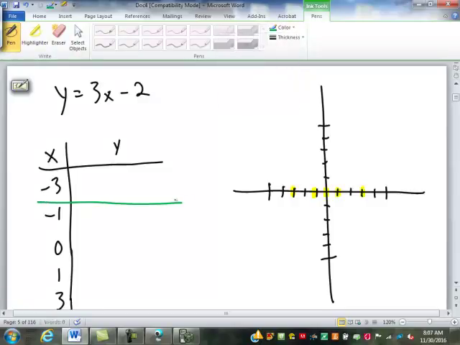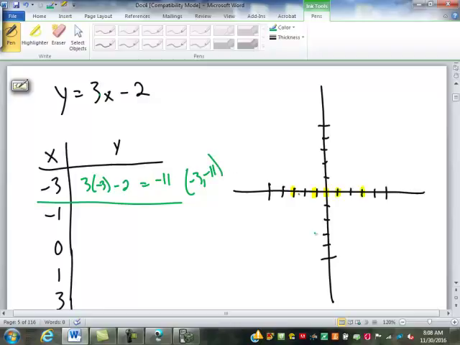So if x is -3, y is 3 times x, or 3 times -3, minus 2. That comes up to -11. I'm going to trust that you guys can do the order of operations to get that value once you put it in there. So that gives us the coordinate -3, -11.